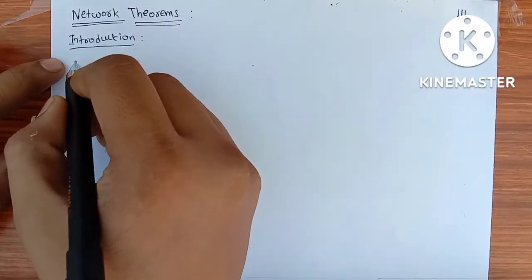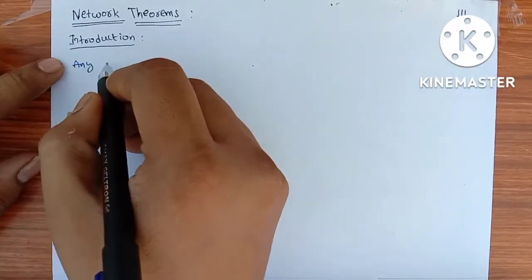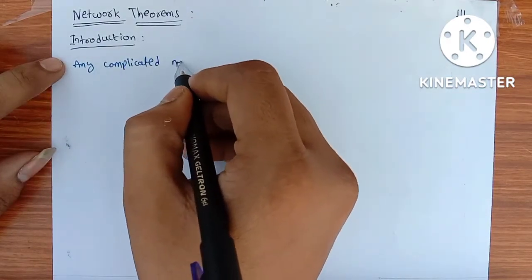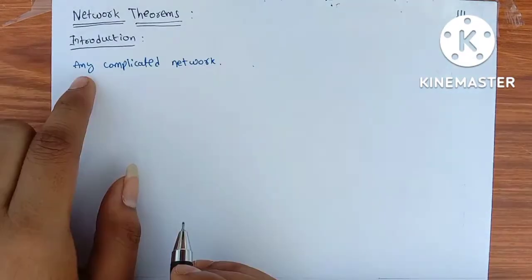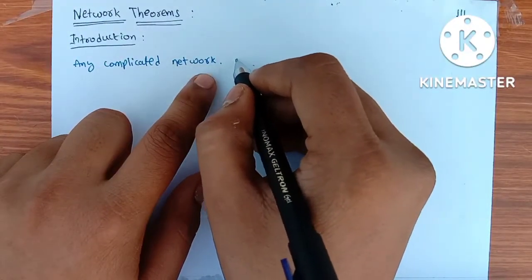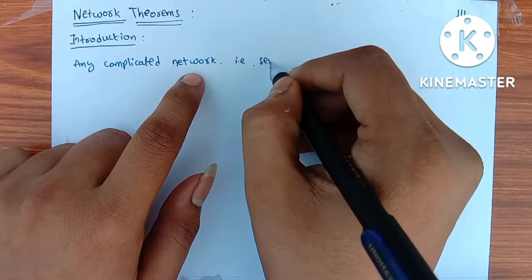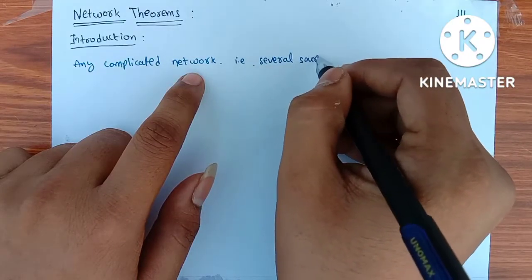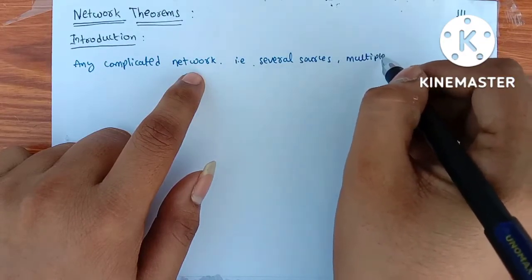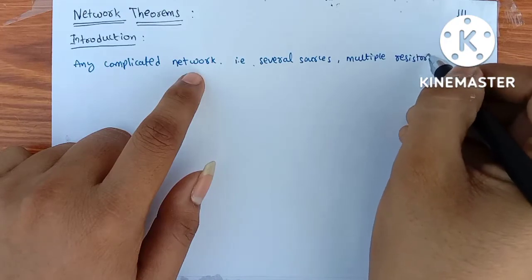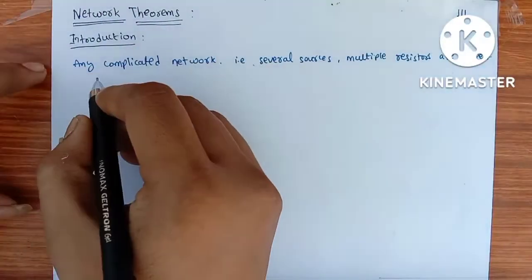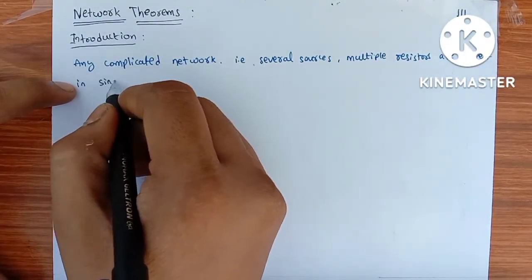If we have any complex or complicated network, it means the network contains several sources or multiple resistors present in a single circuit.